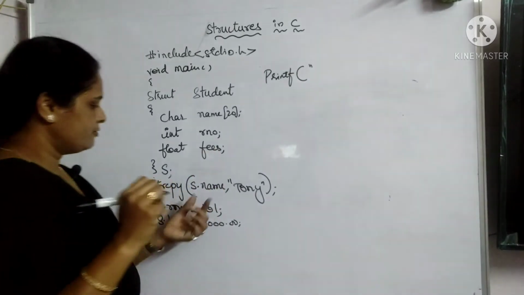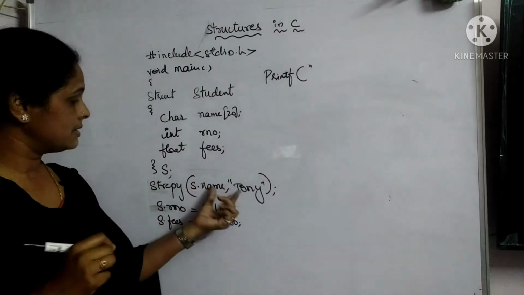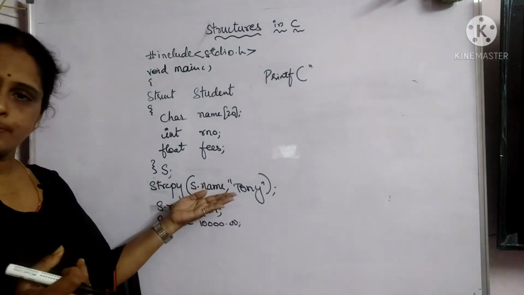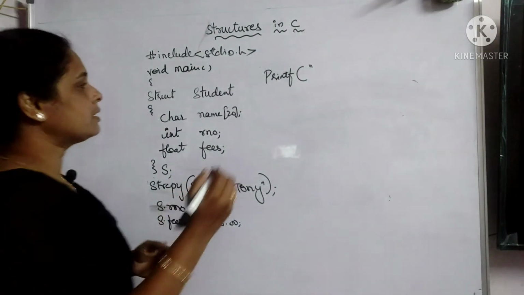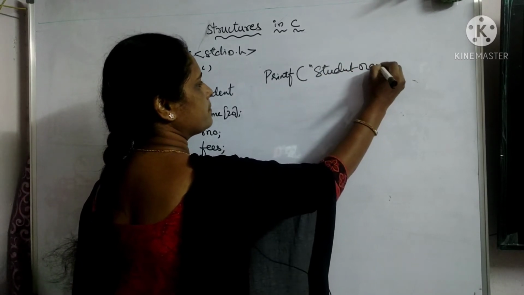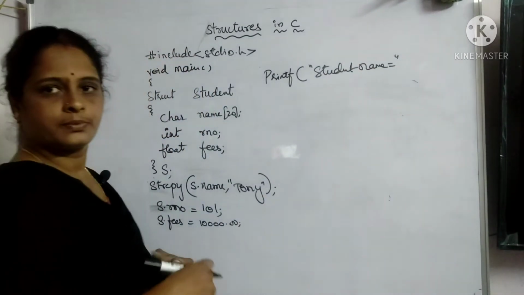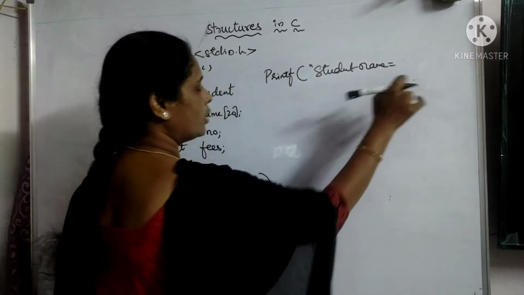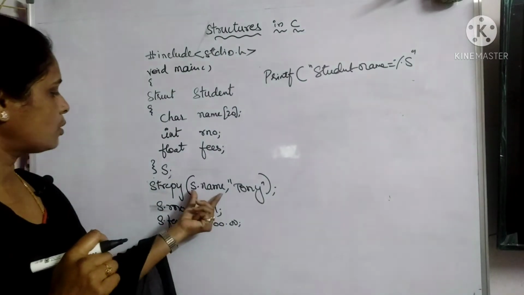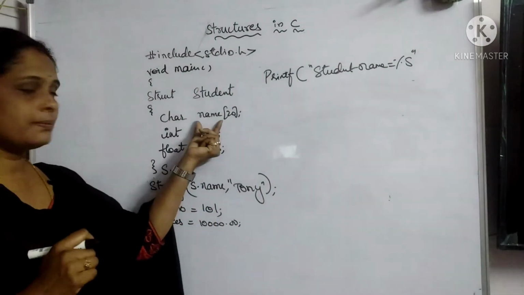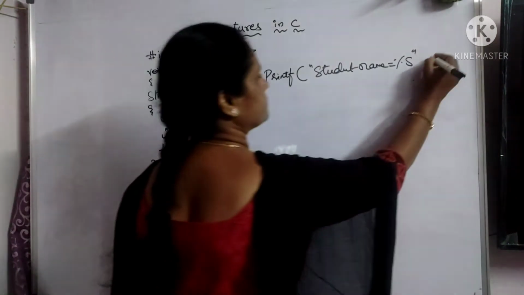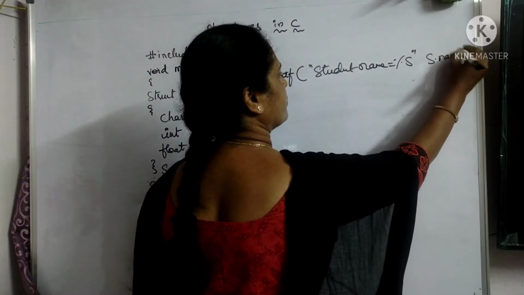Printf. Now, first what is there? S dot name. That means name is there. I wanted to display the name first. You can display anything, but suppose we go in an order. So printf student name is equal to percent s. Where is the student name stored? S dot name. But we need to use S here. So S dot name. Okay.